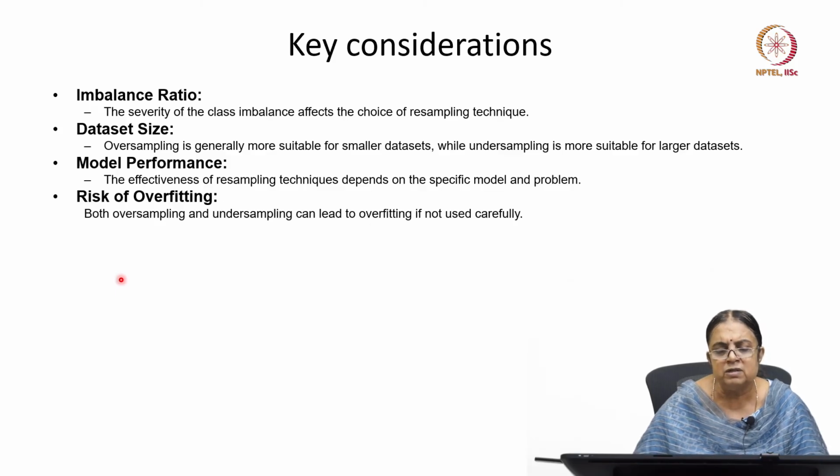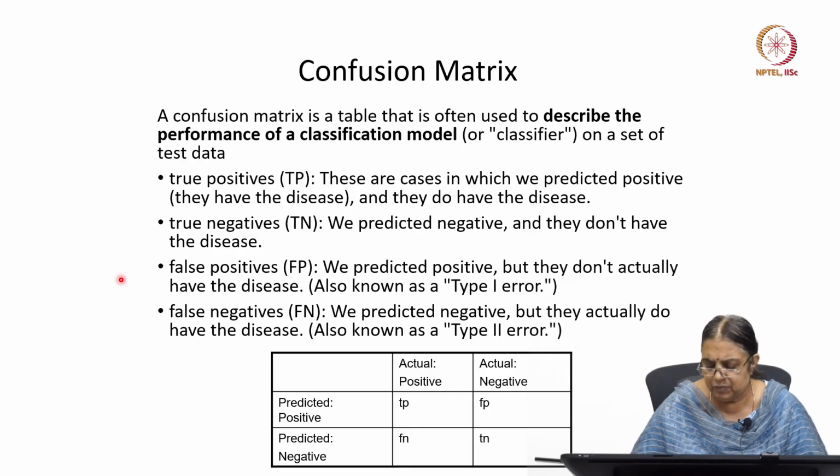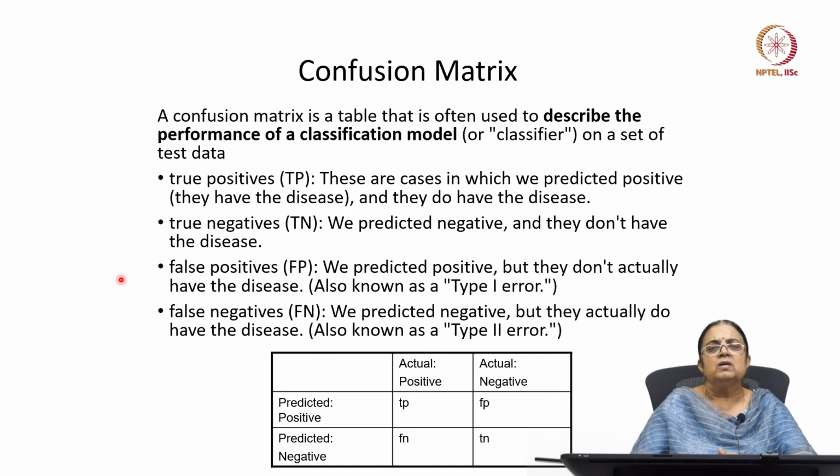Now let us look at some of the evaluation techniques which you can use when you are using an imbalanced data set. Like we said, using the classification accuracy does not make sense in an imbalanced data set. So what are the things that we can use?